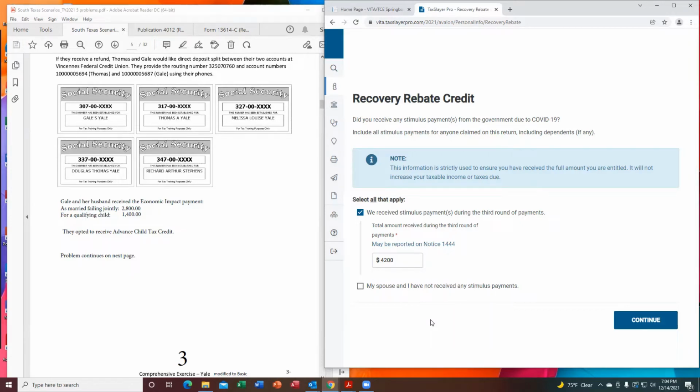Everyone received $1,400, which is very different from the previous two stimulus payments that were issued in year 2020. So if someone were to tell you, oh, I don't remember or I didn't receive one, this is a somewhat easy calculation. I don't want to say easy, but it's $1,400 times whoever appeared on the tax return.